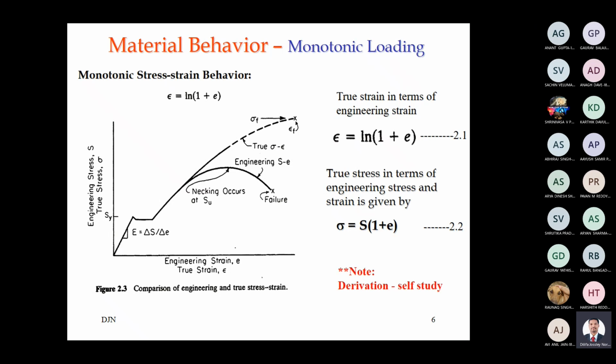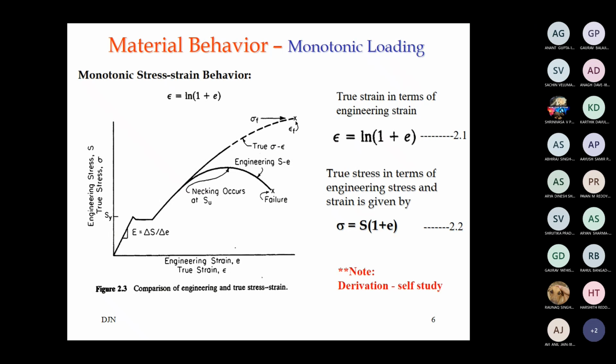Quite simple. We just have to correlate the corresponding parameters. When we talk about the true stress, we have to talk about the true or instantaneous area, compared to the nominal area which we use for the engineering stress determination.